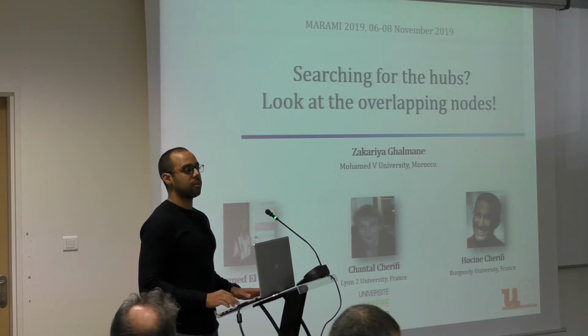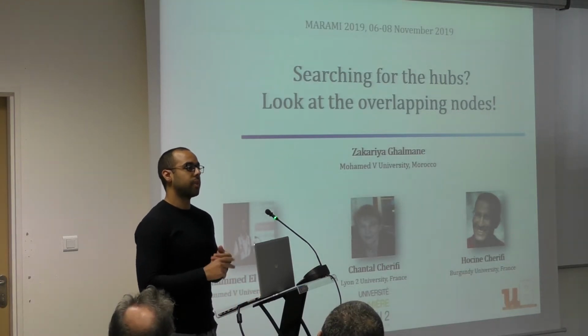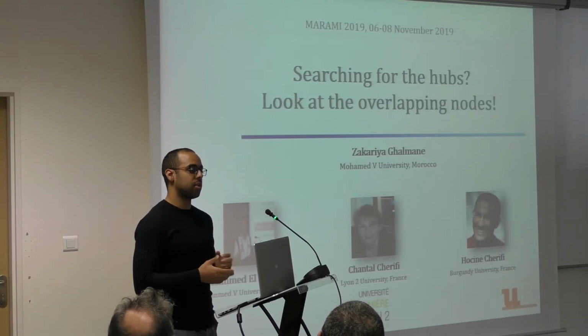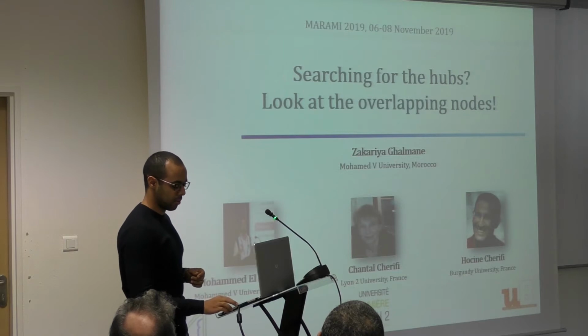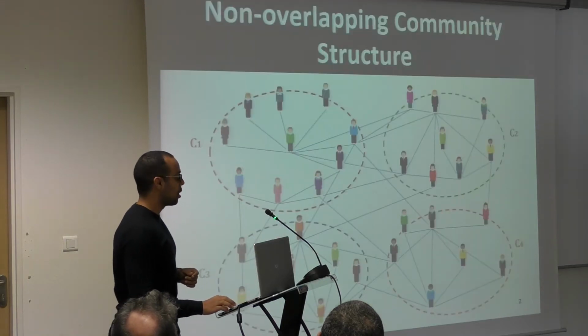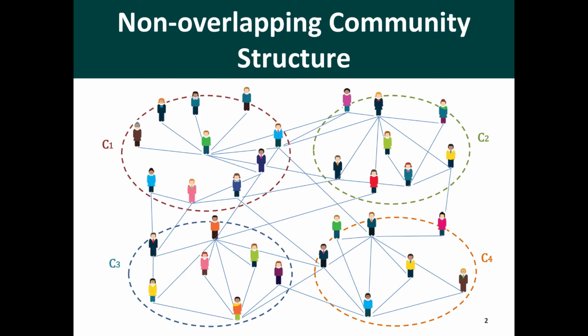So the subject of this presentation is the characterization of the relationship between the overlapping nodes and the highly connected nodes in a network. In real-world networks, the majority of nodes are organized into densely connected groups called communities.